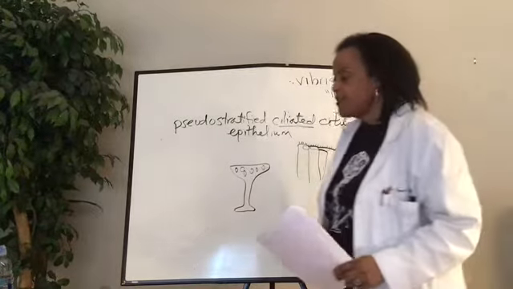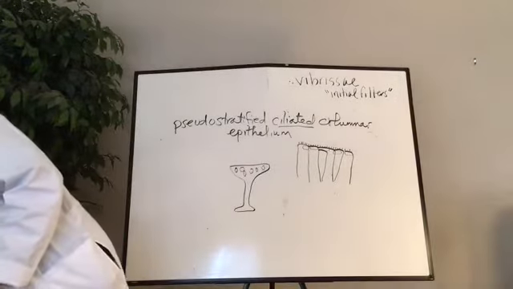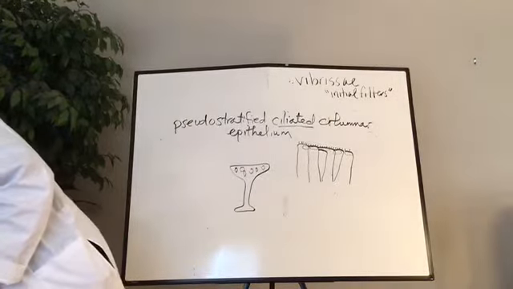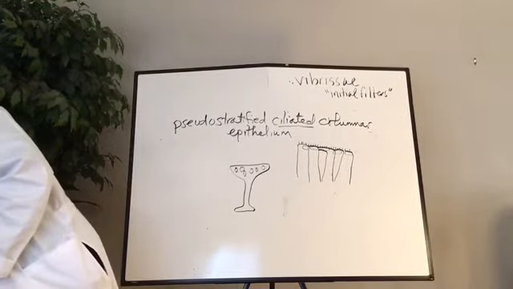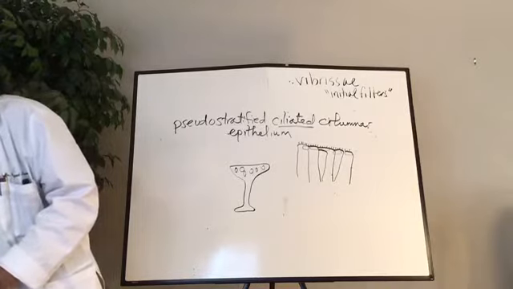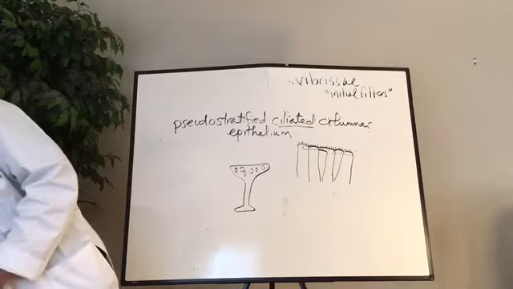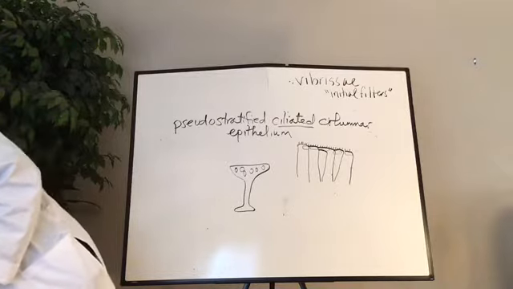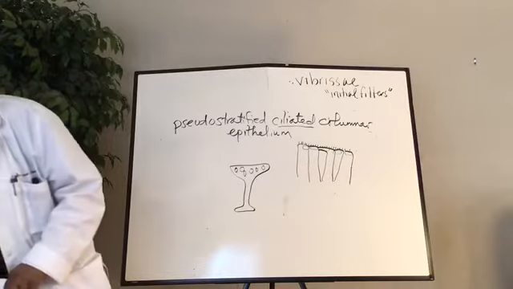I also want to mention, let me tell you what page we're on. By the way, you can look at the goblet cells and the cilia on page 809. Let's look over here on page 803, sorry.